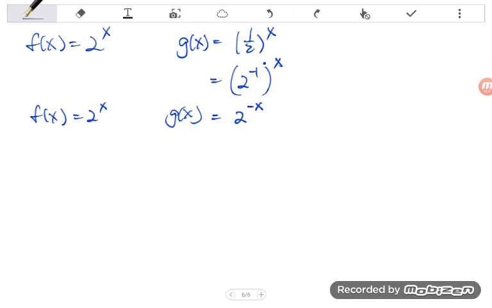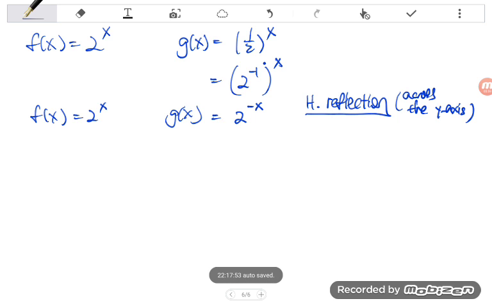Okay, welcome back. I hope your answer was horizontal reflection, which means we're going to reflect across the y-axis, because we're multiplying a negative to the x.